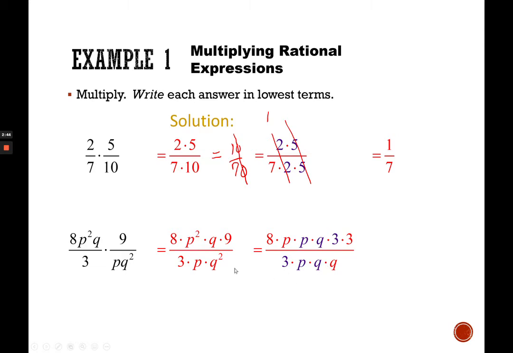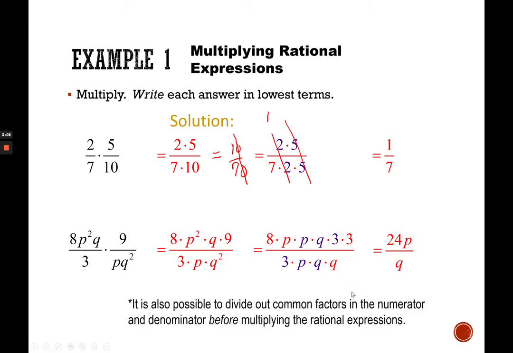There's 2 q's, and then copy 3p. As you can see, it's already color coded. There are pairs of 3, p and q that you could divide out or cancel, and your answers are the ones in red. 8 can still be multiplied by 3 and you have 24, and your variables are 24pq, and that's your answer.